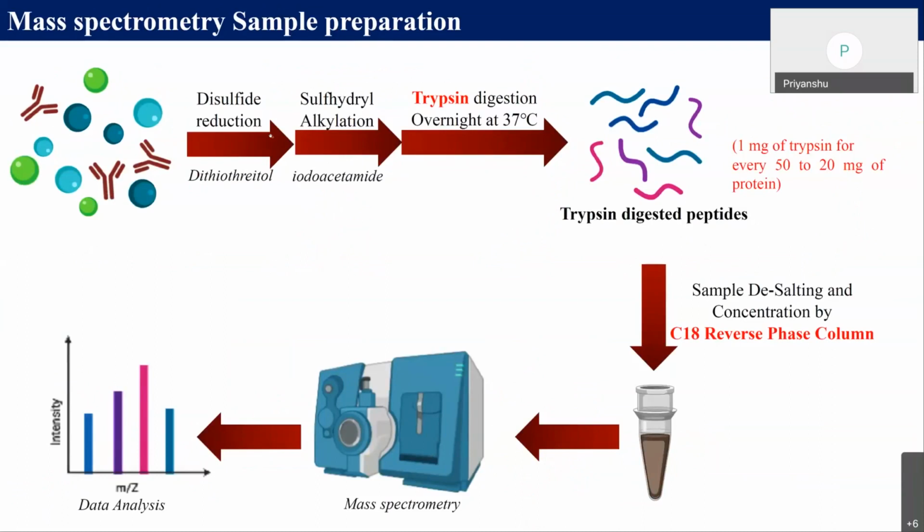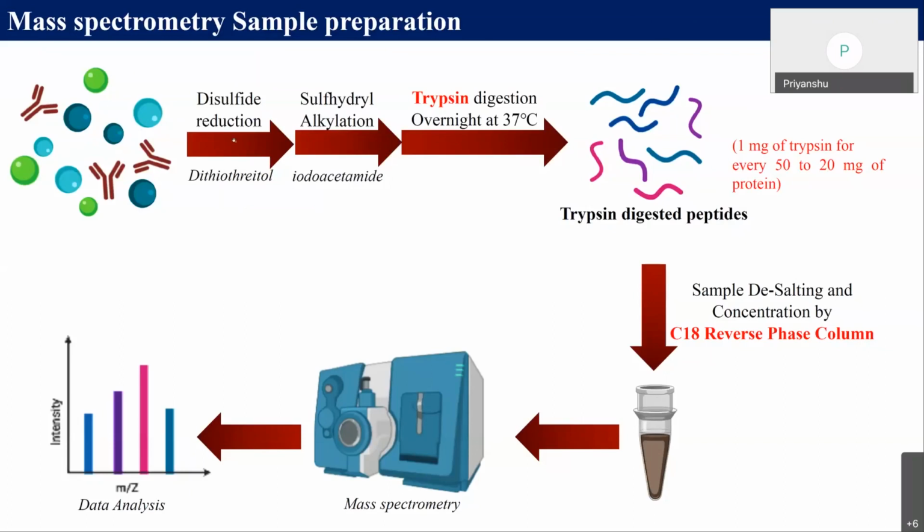First, we incubate it with dithiothreitol. This dithiothreitol, DTT, is a kind of reducing agent. This compound is mainly used to reduce the disulfide bonds of particular proteins and prevent intramolecular interactions and also intermolecular interactions.